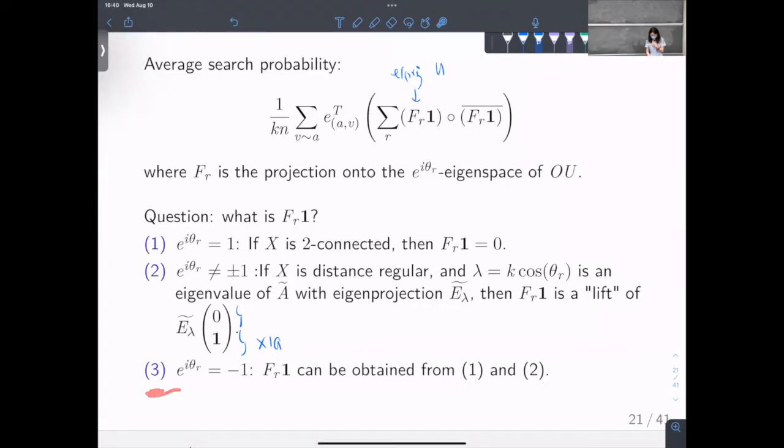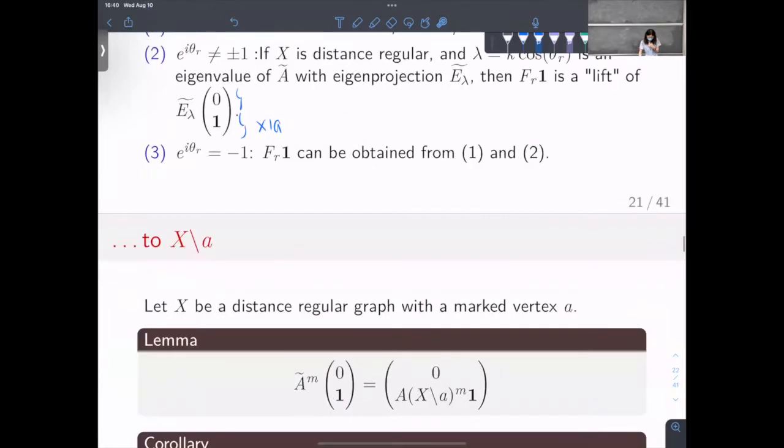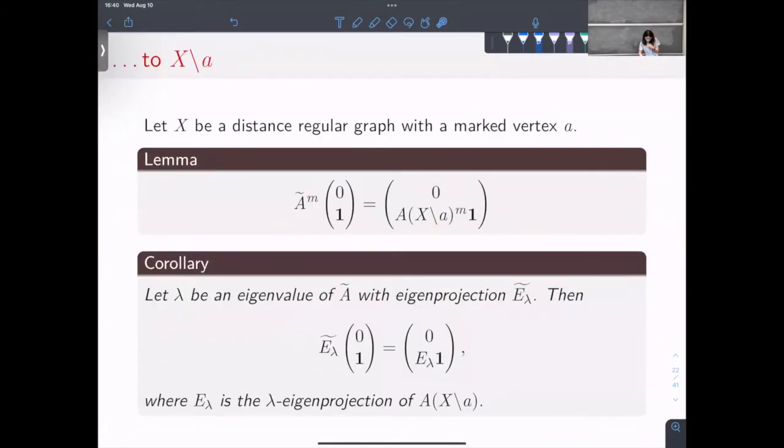So you get some expression for free. So the problem reduces to what is this vector? And we know E lambda tilde is an eigenprojection of A tilde, the augmented matrix. So it will be a polynomial in A tilde, right? And if we understand how each power of A acts on this vector, then we are done.